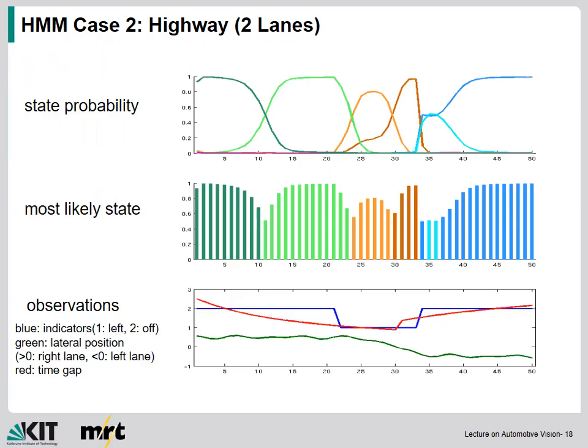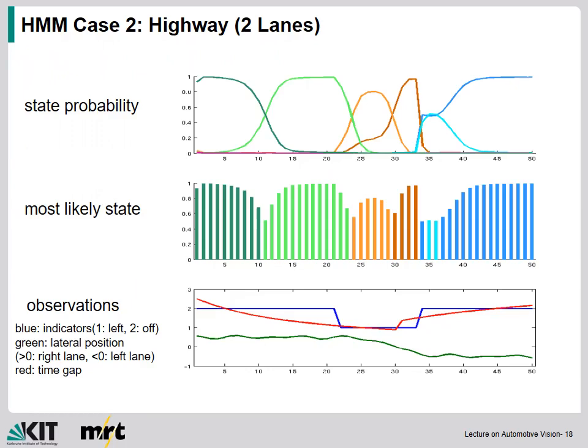What can we see? Well, we see that a certain sequence of observations creates a certain sequence of most likely states. So in the beginning the filtering approach is rather sure that the vehicle is driving freely on the right lane, then it changes from free driving to following a vehicle ahead on the right lane.